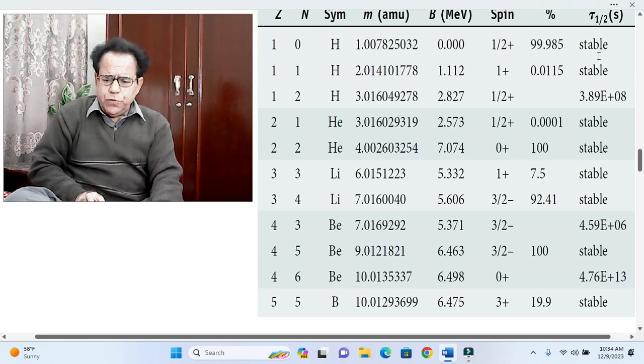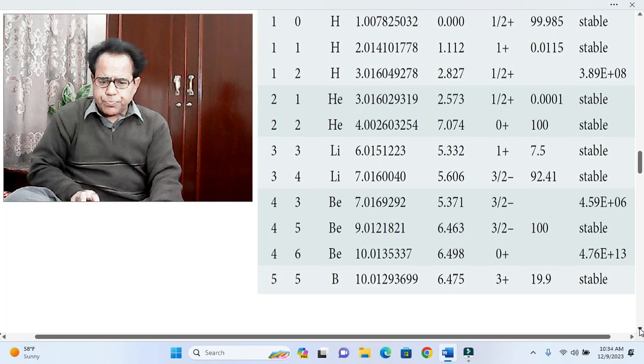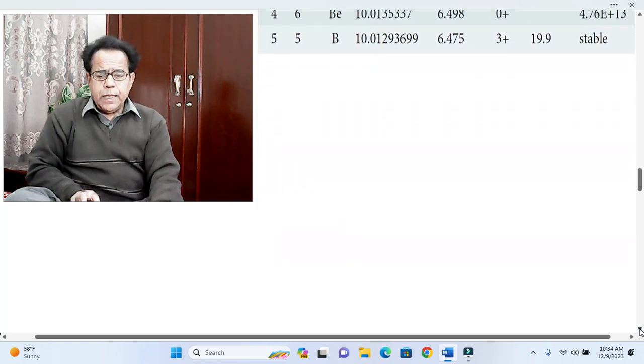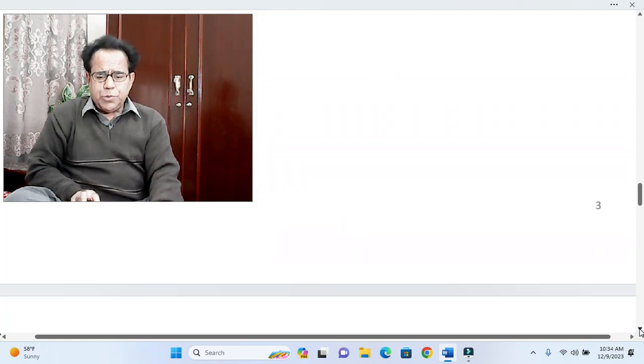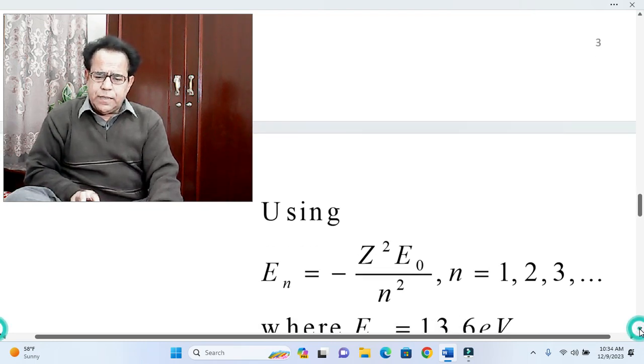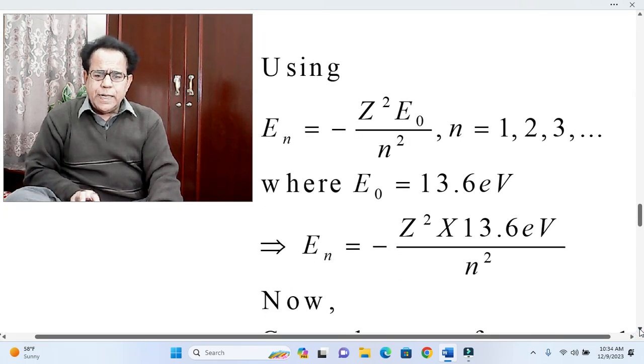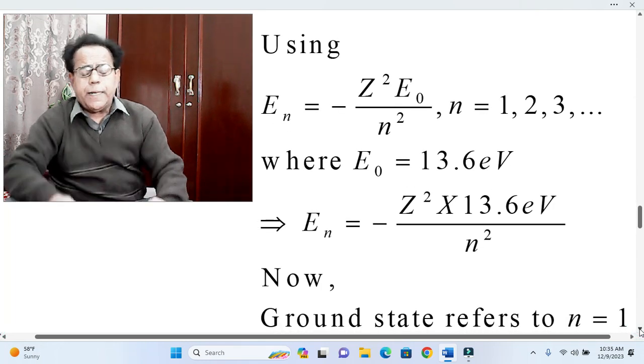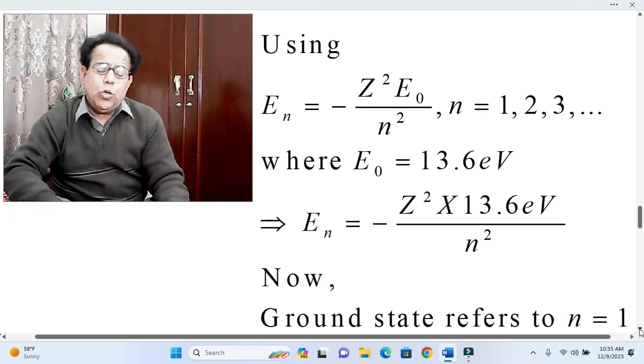Dear students, now we see whether there is any other snapshot or not. There is no other snapshot, so we are starting our solution in a regular manner.